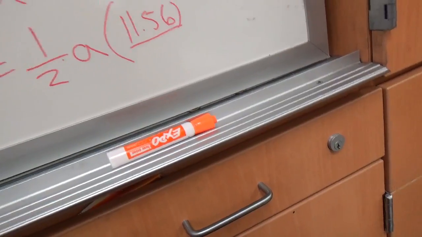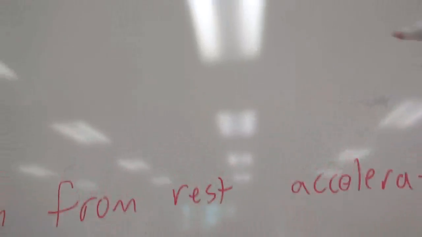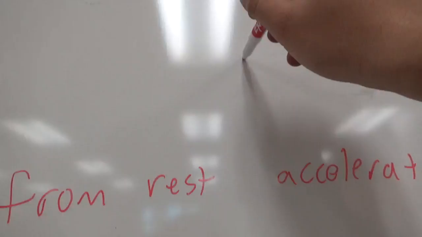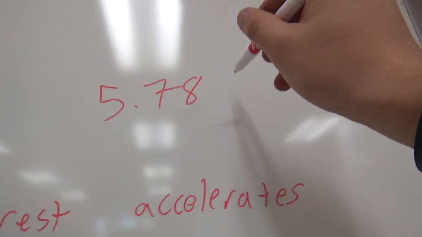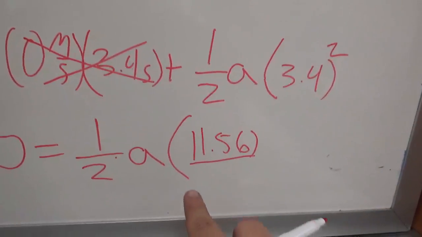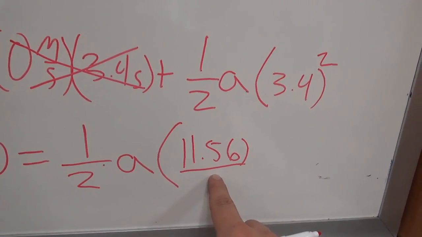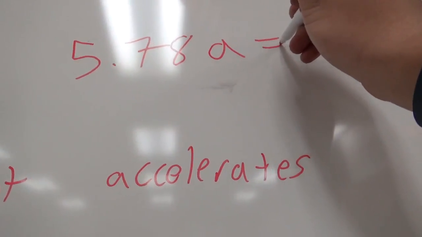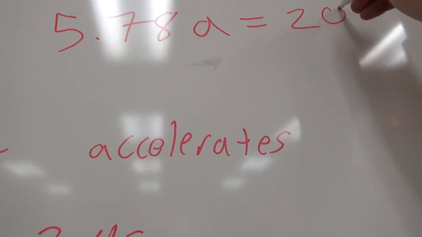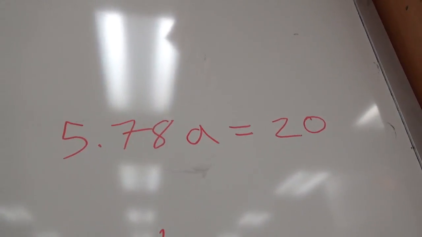And I get, I'm going to put my work up here, I get 5.78, right? Because 11.56 multiplied by 1/2 is 5.78 times my acceleration equals 20. Okay.